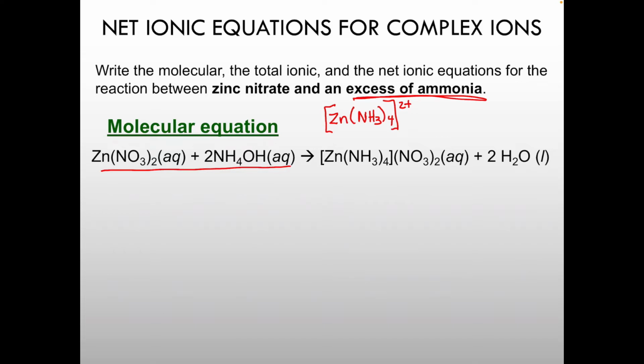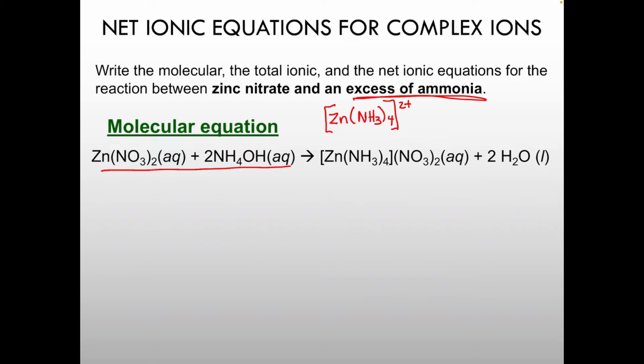So when we have this and we have an excess of ammonia, that means we're dumping in a ton of ammonia molecules. Once we do that, those start replacing the hydroxides, and instead they will bond onto the zinc as the ammonia, because zinc has a greater affinity for ammonia there than it does for hydroxide. So the ammonia can go in and replace those hydroxides that we had before.